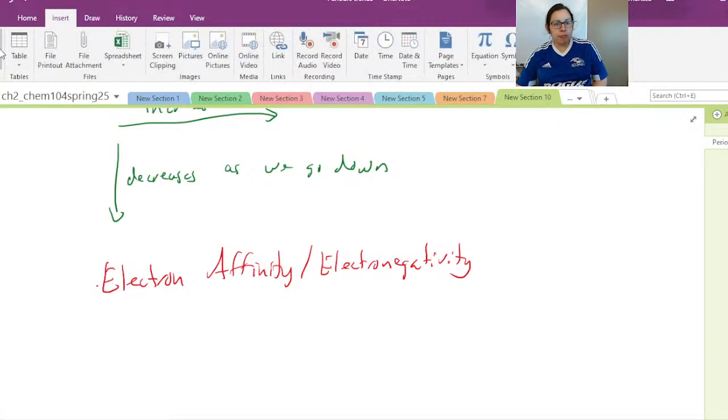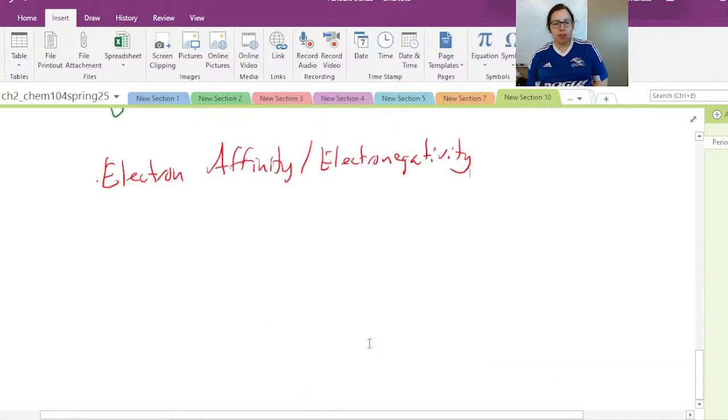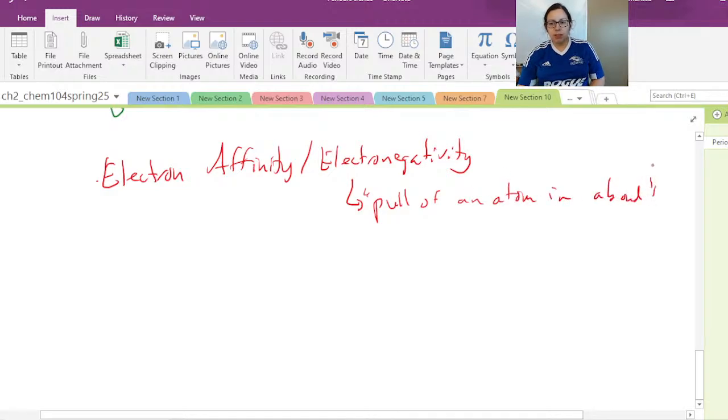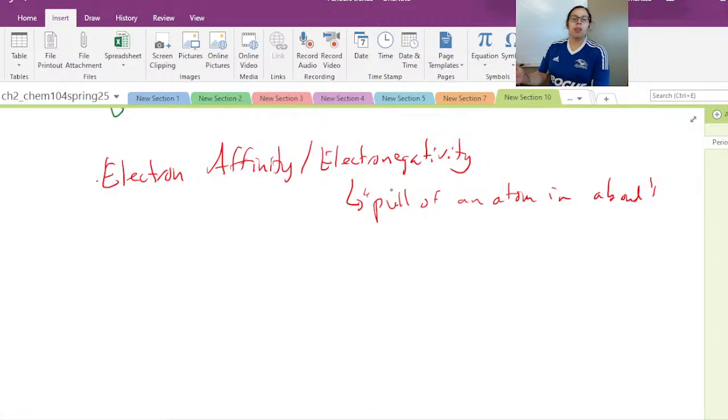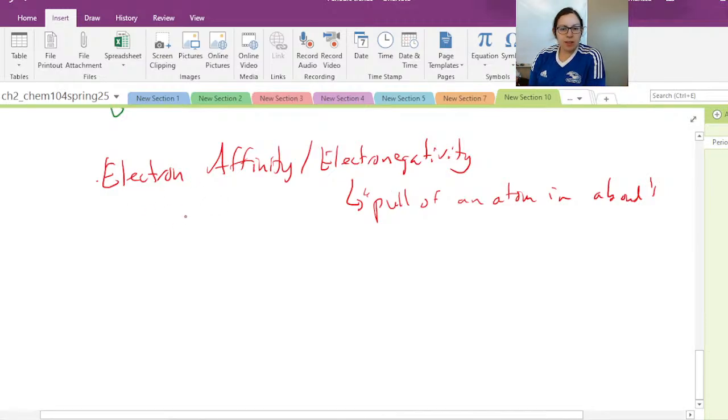So let's make the distinction between the two. Electronegativity measures basically the pull of an atom in a bond. That's the key distinction here: electronegativity is measured in a bond, so it's comparing it in its bonding state, versus electron affinity, where this is actually a different measurement.